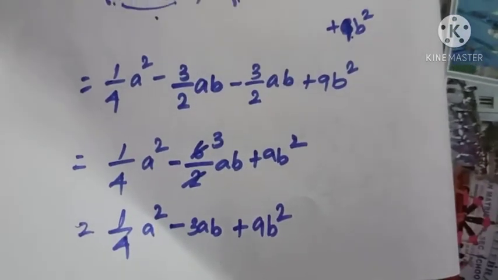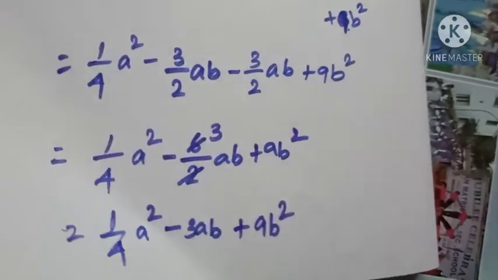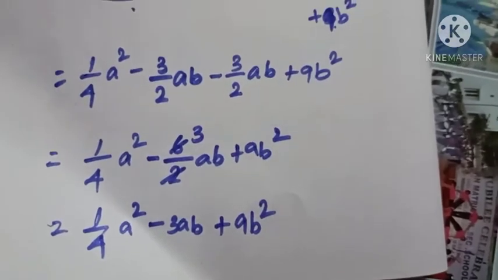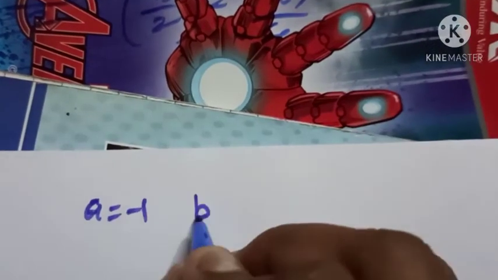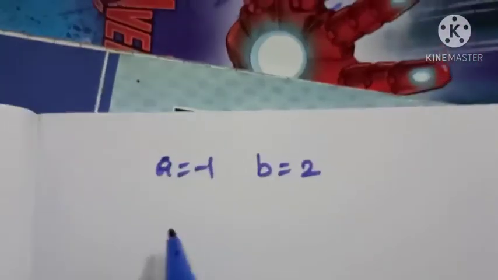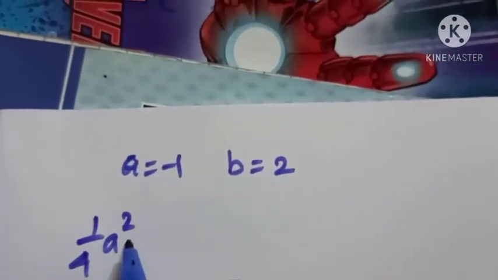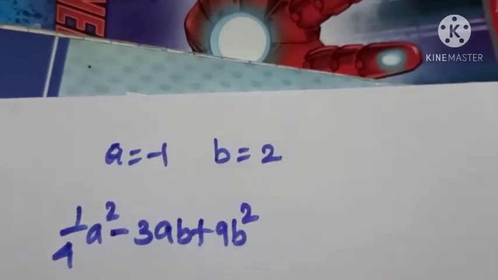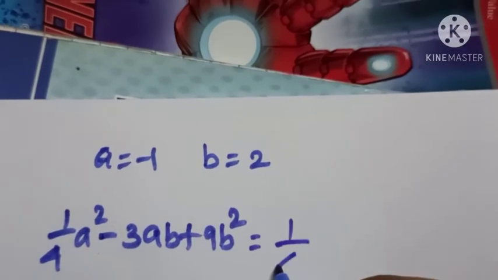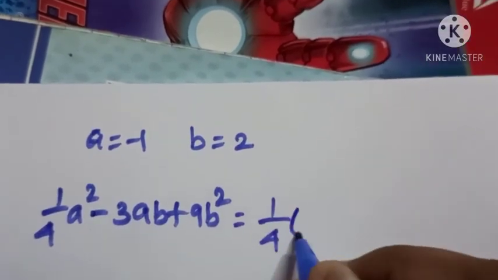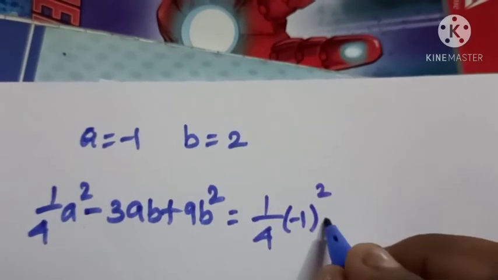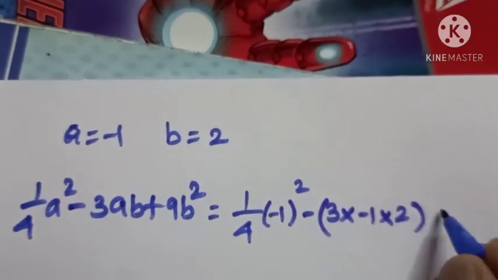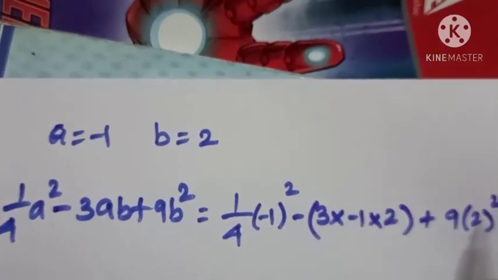So now we need to substitute the value of a and the value of b. So a is nothing but minus 1, b is nothing but 2. So we take a equal to minus 1, b is equal to 2. Question: 1 by 4 a square minus 3ab plus 9b square is equal to 1 by 4 into minus 1 whole square minus 3 into minus 1 into 2, that is 3ab, plus 9 into 2 whole square.